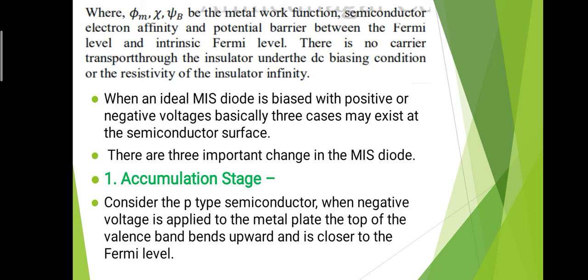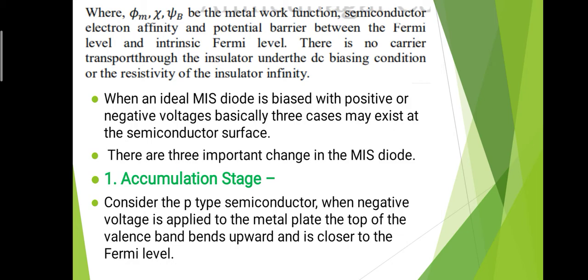Consider a p-type semiconductor. When a negative voltage is applied to the metal plate on top, the valence band bends upward and is closer to the Fermi level. In a p-type semiconductor, the majority charge carriers are holes and the minority charge carriers are electrons.